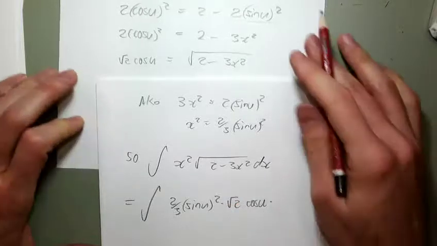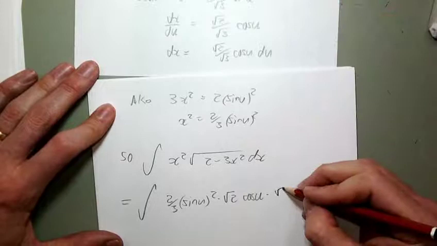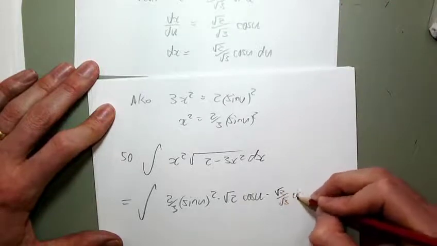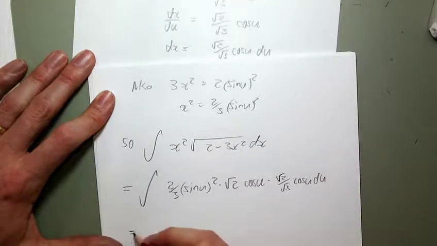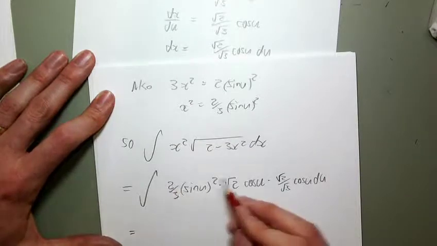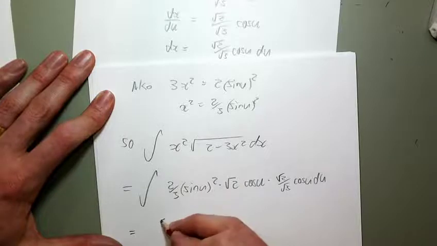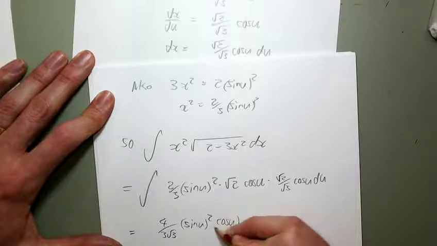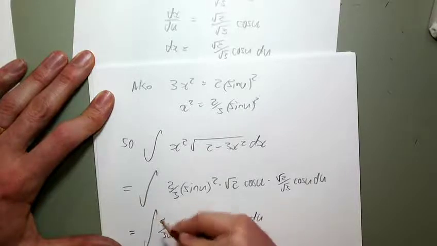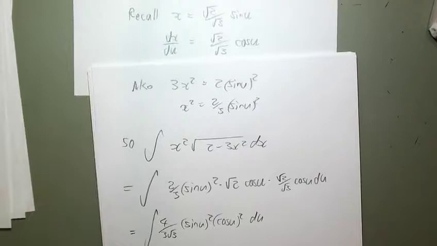And the dx is actually root 2 on root 3 cos u du. Oh wow, and so I now have 2 times root 2 times root, that's 4 on 3 root 3 sine u squared cos u squared du, which I'm not at all happy about attempting to integrate.